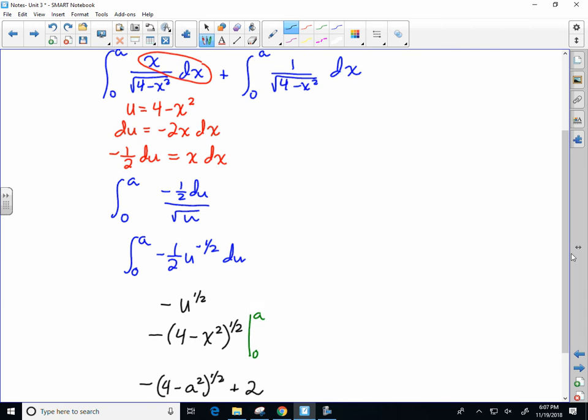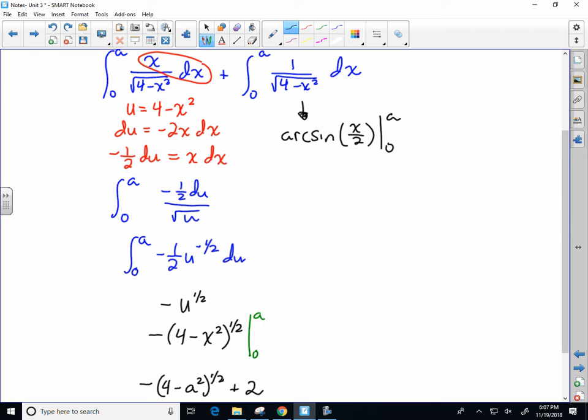The other part, if you know the shortcut rules for inverse trig functions, you can get this pretty quickly. The antiderivative is actually arc sine of x over 2, and that's by rule on the interval of 0 to a.